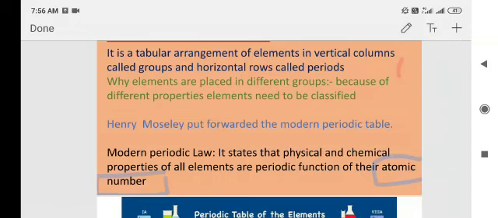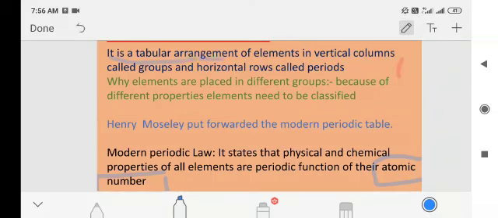Once again, let me tell you, the periodic table is a table-like arrangement in which elements are placed in vertical columns called groups as well as in horizontal rows called periods. And the scientist behind this classification is Henry Moseley.